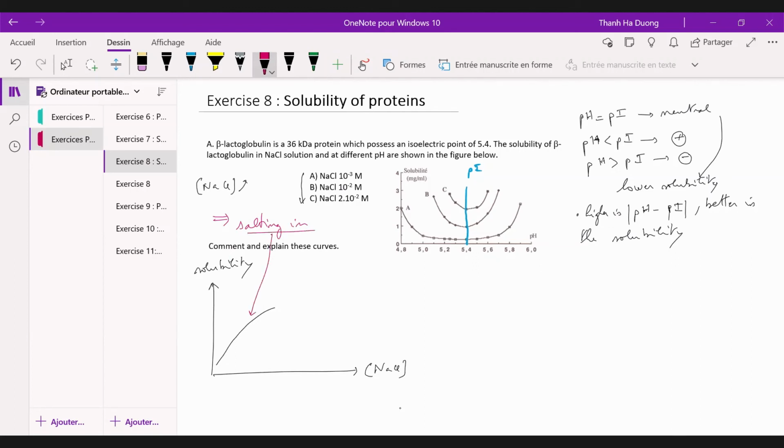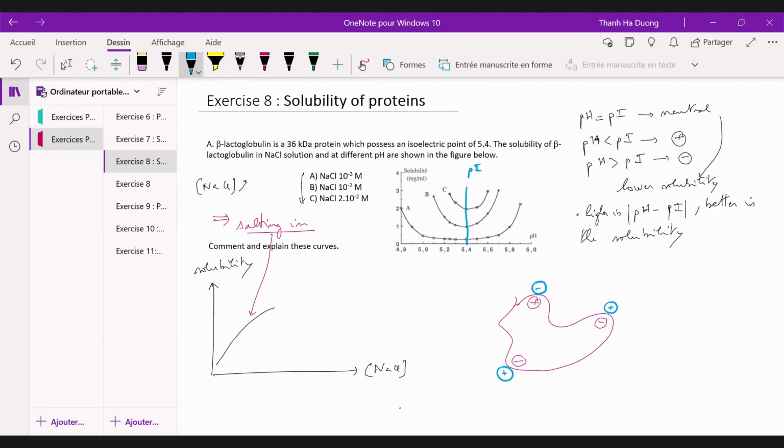Okay? Indeed, what happened? You have your proteins. You have some charge. When you have salt, you will have ionic interaction between the salt and your protein with the charge patch.